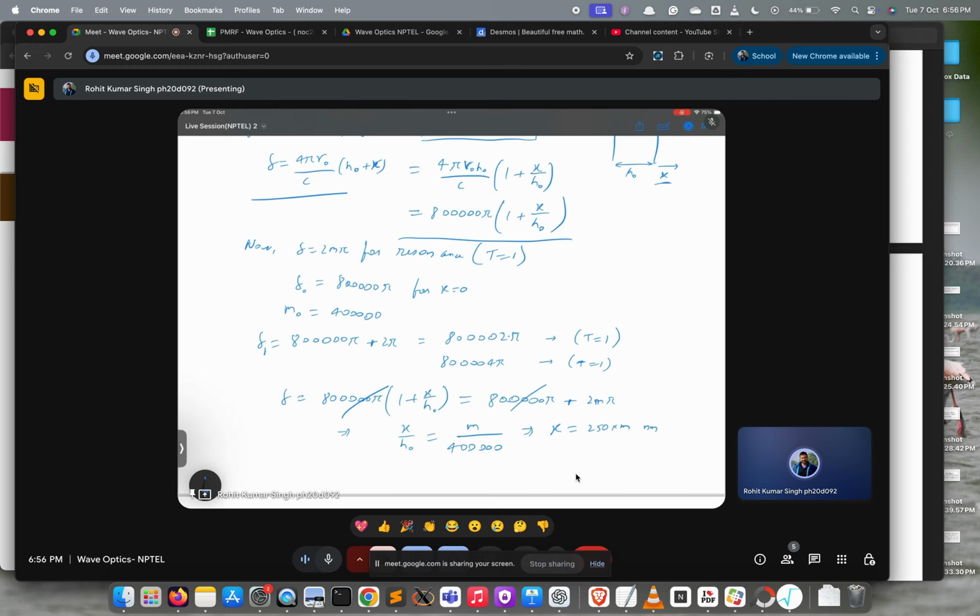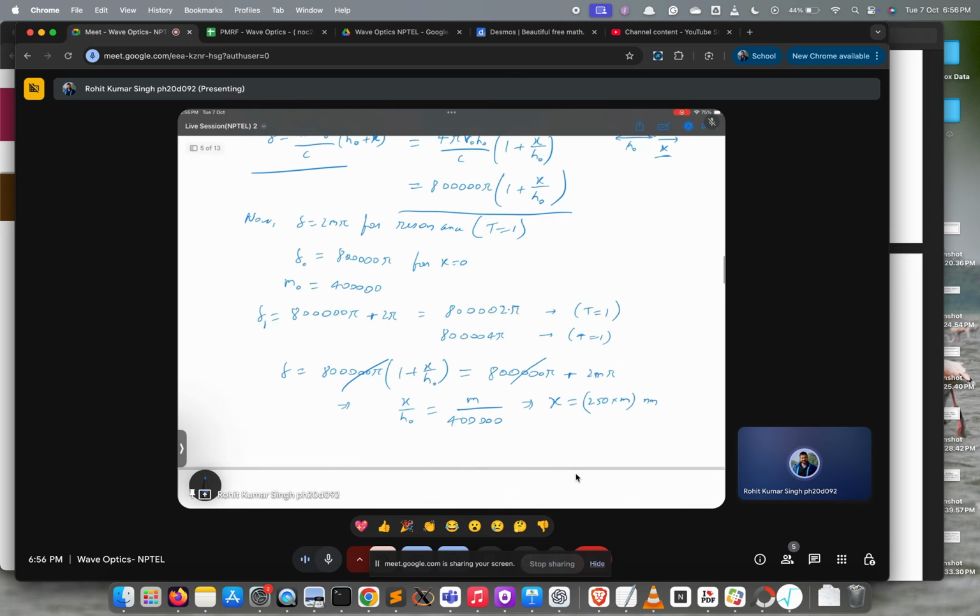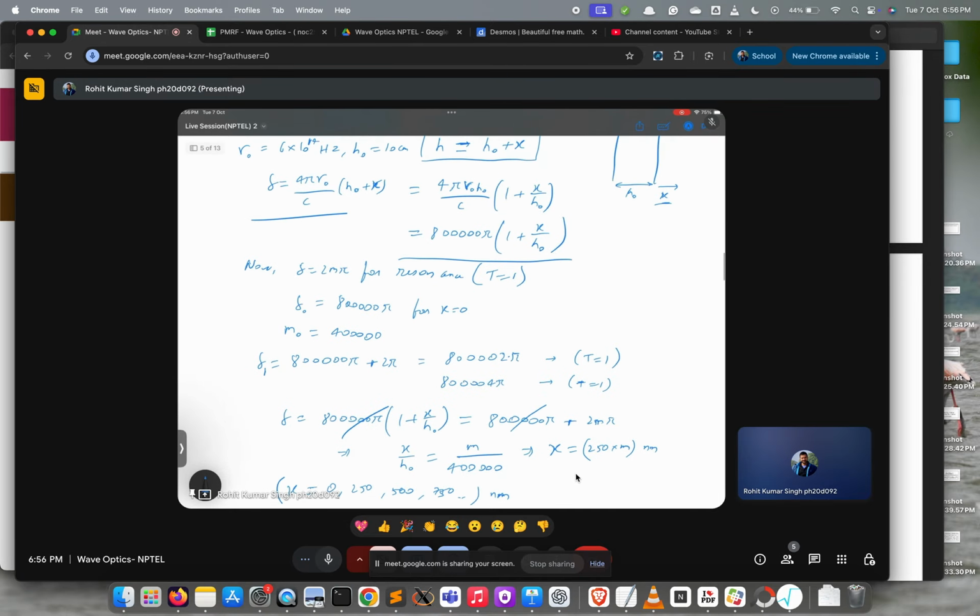So this is in nanometer. So you will get resonance conditions at which values? You will get them at 0, 250, 500, 750, and so on, nanometers, okay.